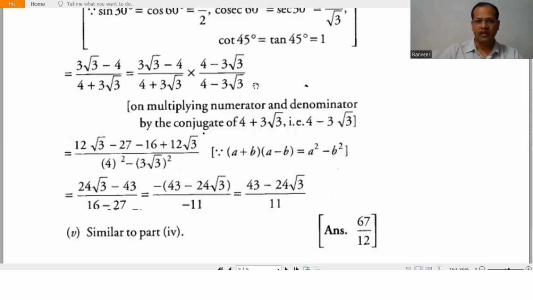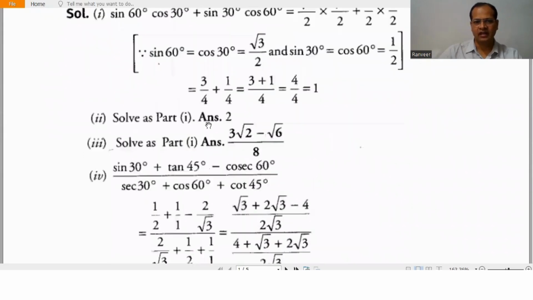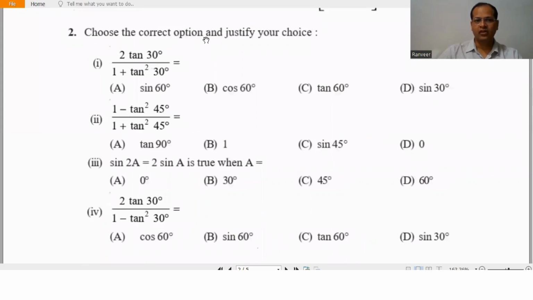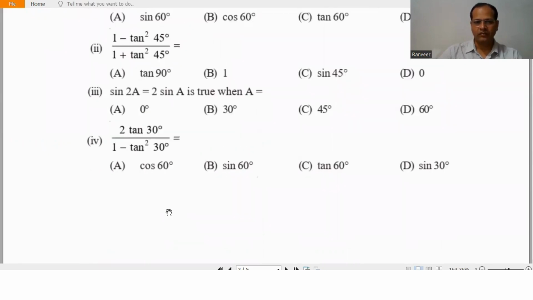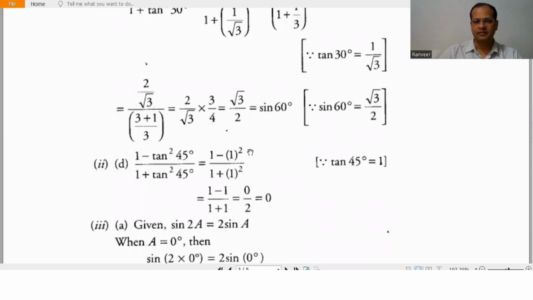Now same way question number 5 also you can do, just you have to substitute and get the result. Choose the correct option and justify your answer. This is the value, all are nothing but the value substitution. So 2 tan 30 degree over 1 plus tan square 30 degree, tan 30 degree is 1 by root 3, just this is equal to root 3 by 2 after calculation, this is sin 60.